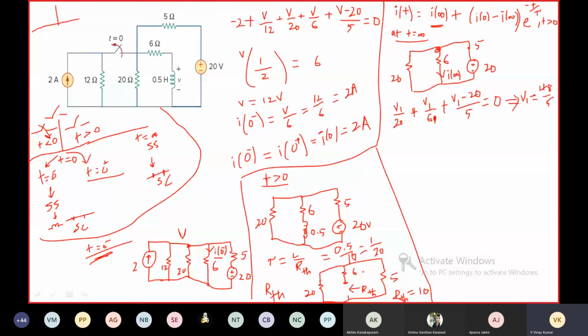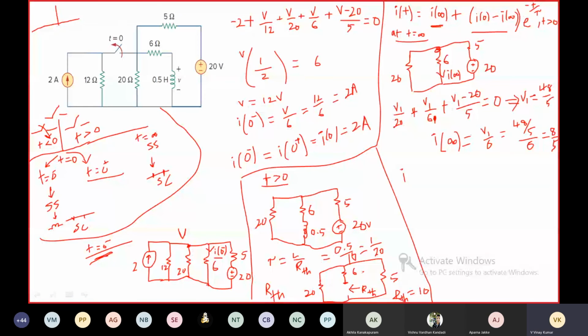What about I of infinity? I of infinity is equal to V1 by 6, which is equal to 48 by 5 by 6. We are going to have 8 by 5 amps. Substitute all values in this expression.